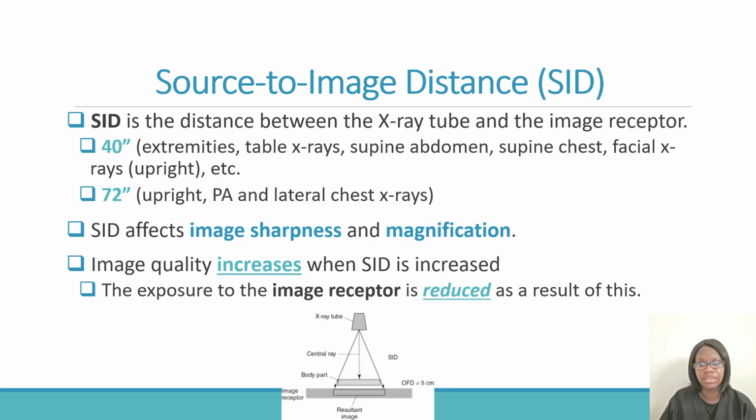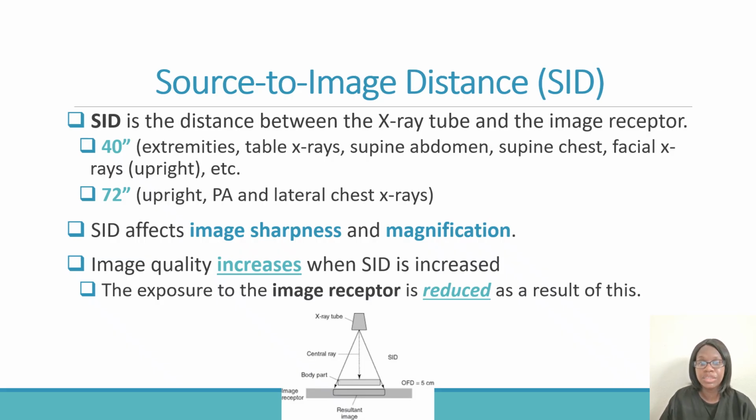If you have a trauma patient and you're doing your clinicals in the hospital, we do sometimes do supine chest x-rays, especially if we're moving the patient over onto the table for a trauma hip, or if they have a lot of x-rays, then we just put them on the sliding board and move them to the table. And then you also have your facial x-rays, which are done upright. That would be another example of the 40 inches for your SID.